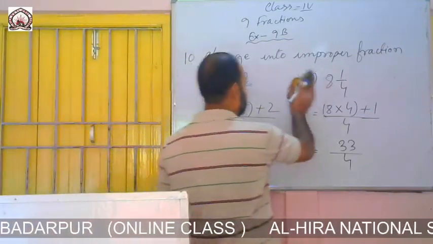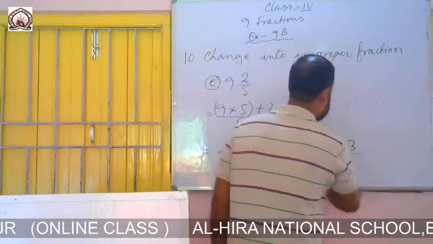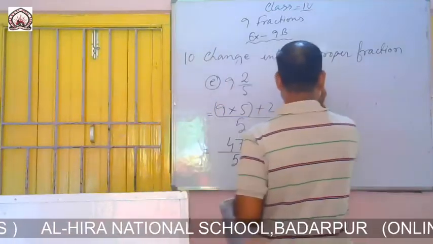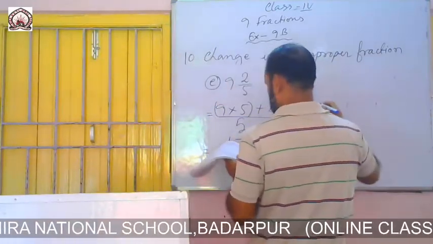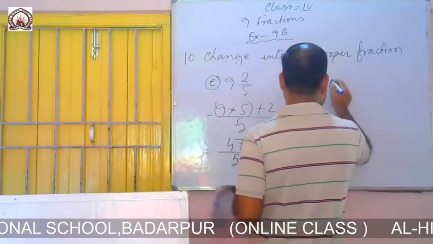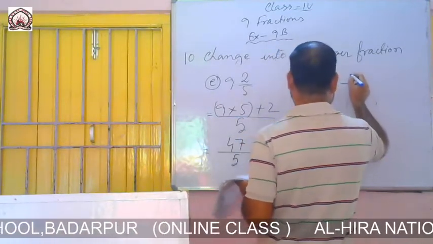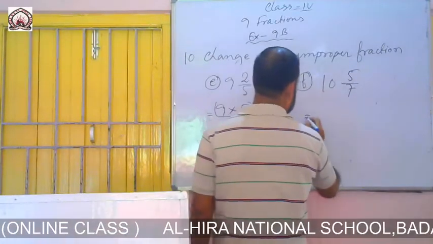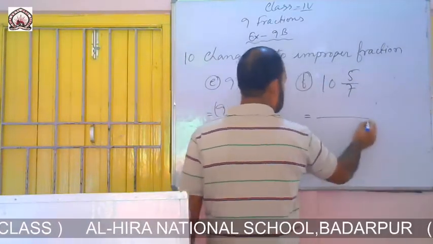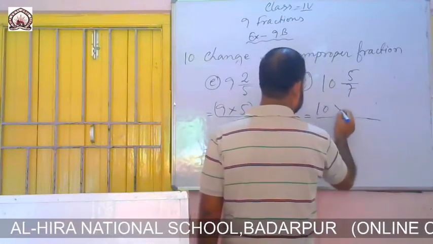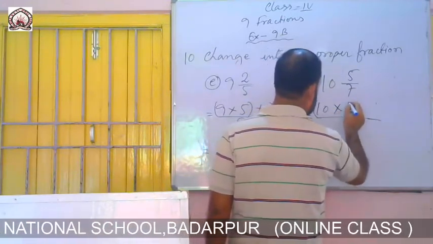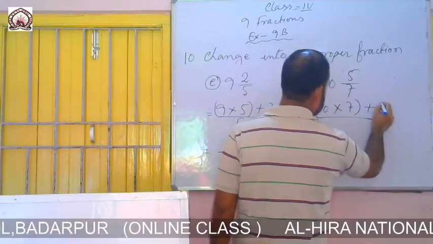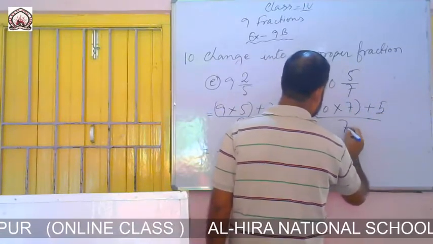Next, question number F. 10F. 10 5/7. So whole number into denominator plus numerator, over 7.